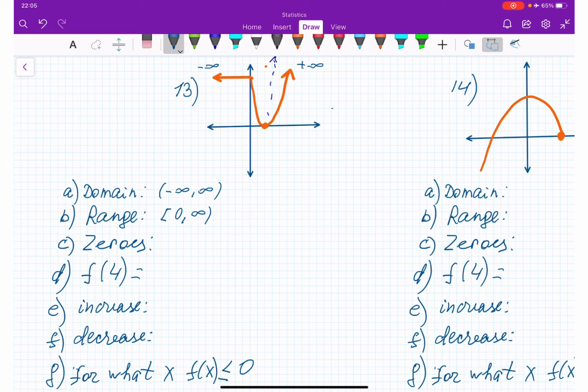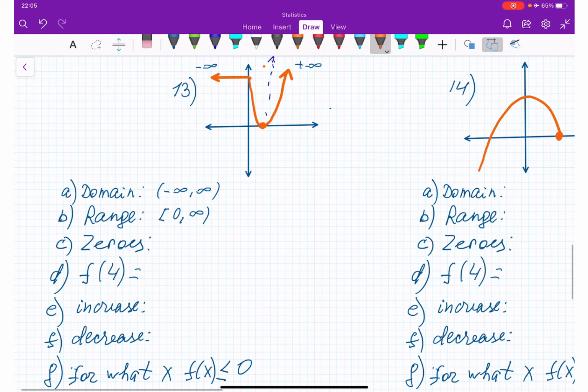So if we look at this point, this is where our y is 0. What x is matching to this y? Well, let's assume it's 1. So 0 is matching to 1. X is equal to 1, right? Okay. Next.